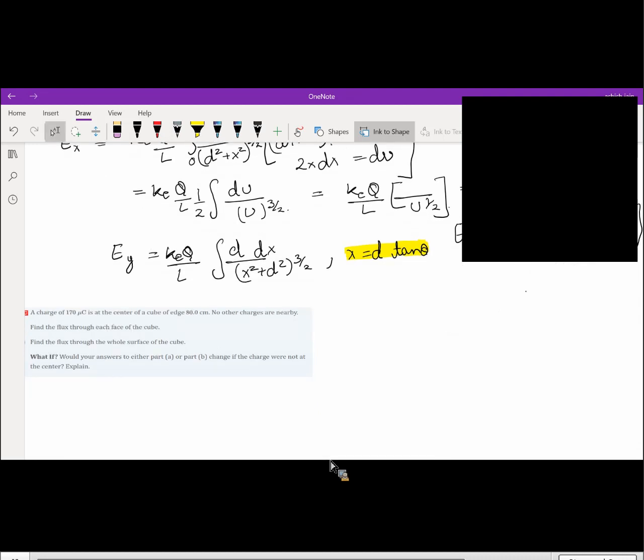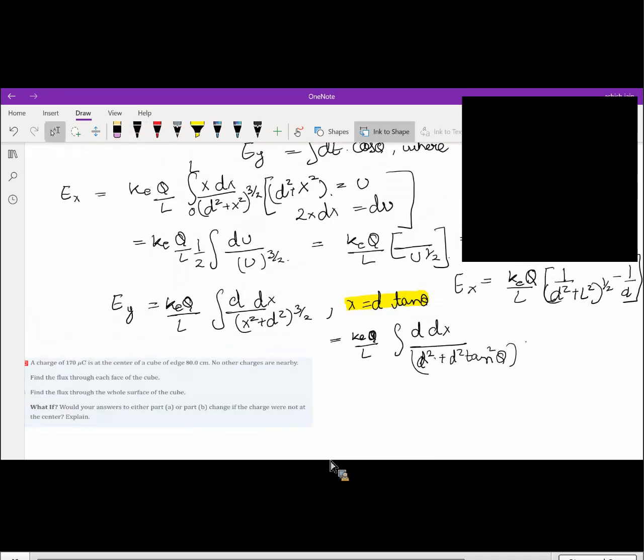So you substitute x as d tan theta. What you get is k q by l, d dx by d squared plus d squared tan squared theta.